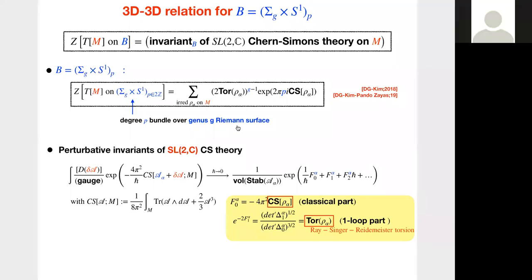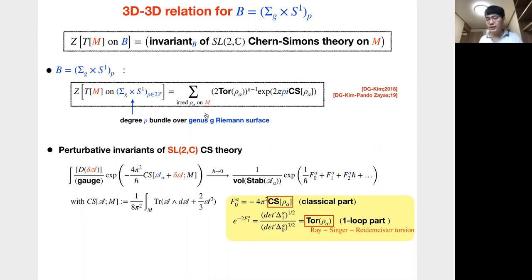Because we know the effective field theory description of TM, even for a 3 manifold, we can compute this Bachan function using localization. Then I compared with the right hand side using the 3 manifold, and I found that these match. So this is one way to derive this 3D3 relation. There is also another way to derive the 3D3 relation, which I will skip.